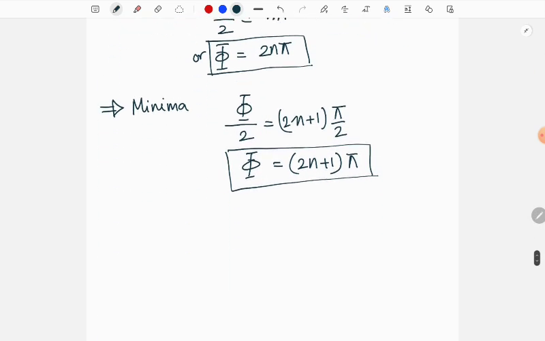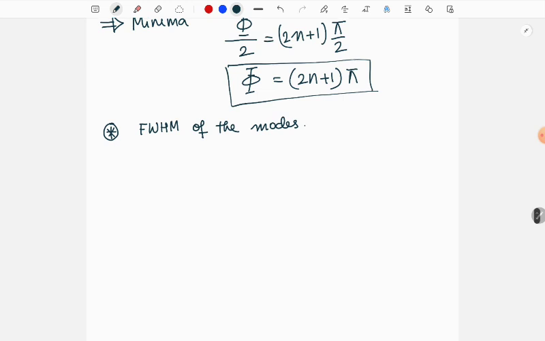Fine. So what one can try out, which I will not do, it is your assignment, is to find the FWHM of the modes. You should be able to do this.